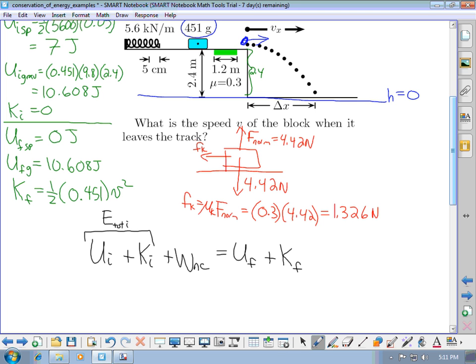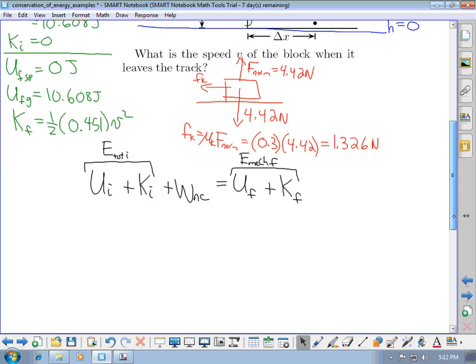The non-conservative work is either adding to that energy or it's taking energy away. In this case, the friction is acting against the motion of the block, so it's going to be taking some energy away. And then our final mechanical energy at the end is going to end up being a smaller quantity.